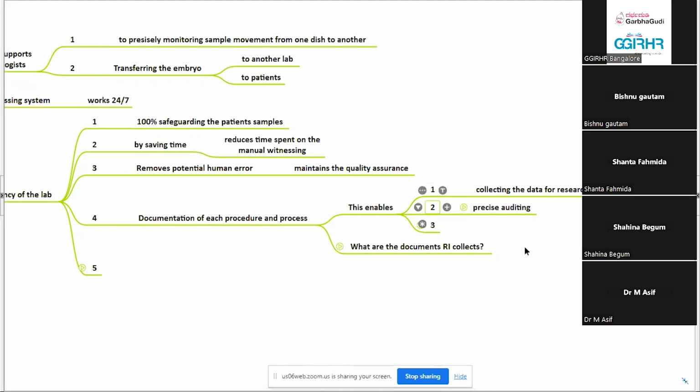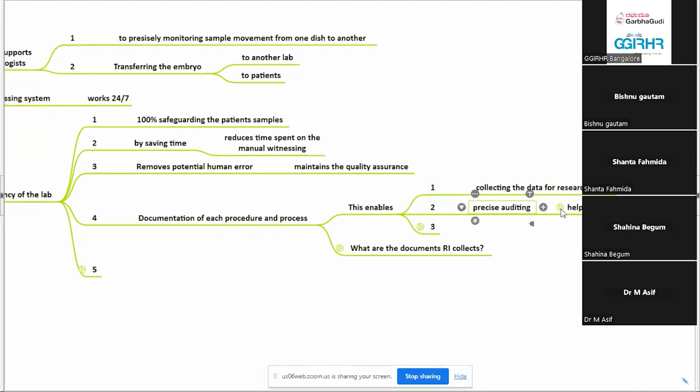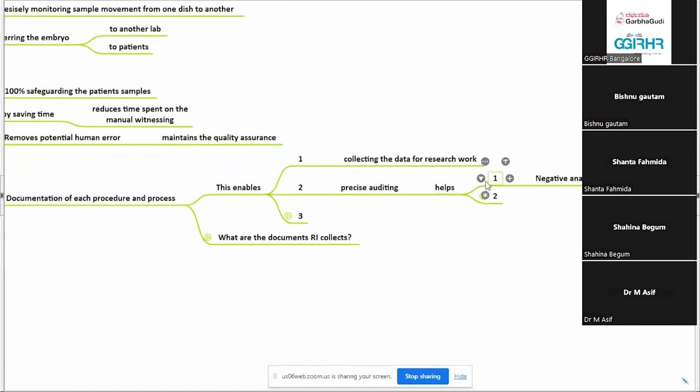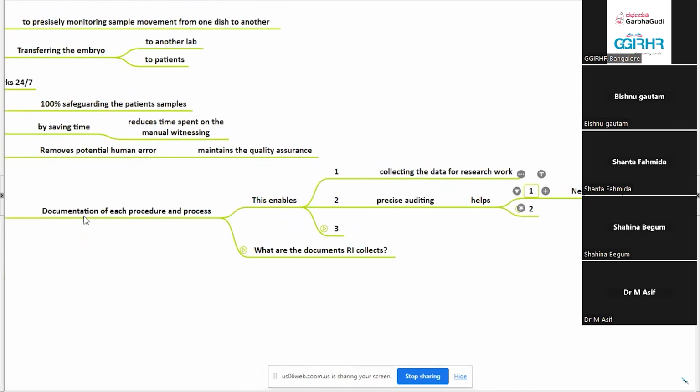Secondly, precise auditing. It helps with negative analysis. If your lab is getting a lot of negative results, since the documentation is proper here, the precision of the negative analysis will be good.